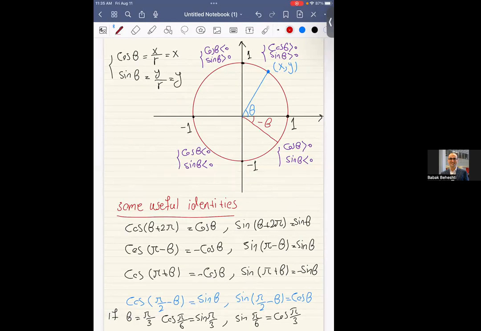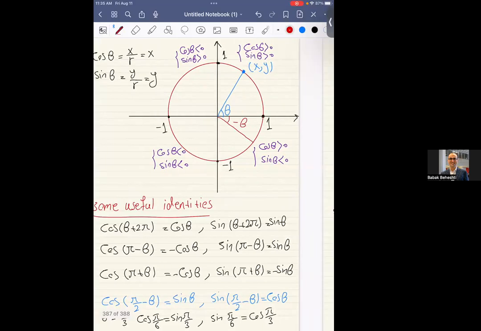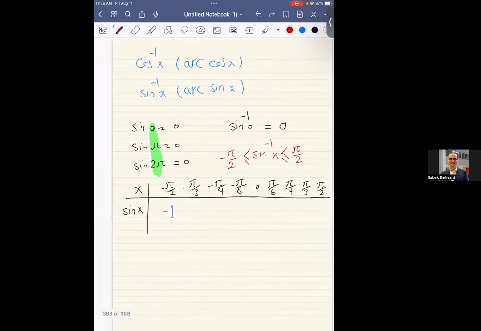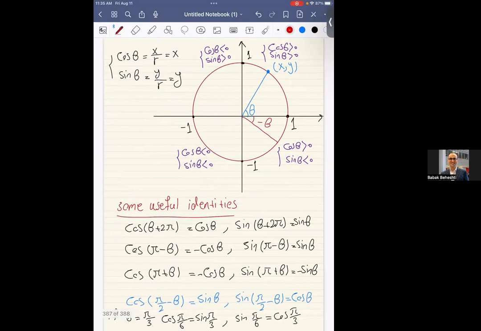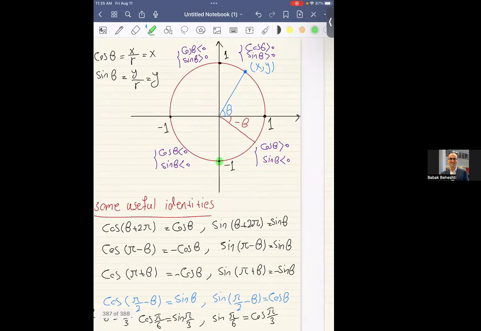So minus pi half is just this angle. Minus pi half is here, right? So sine of minus pi half is -1.